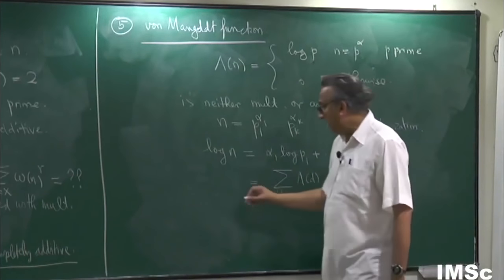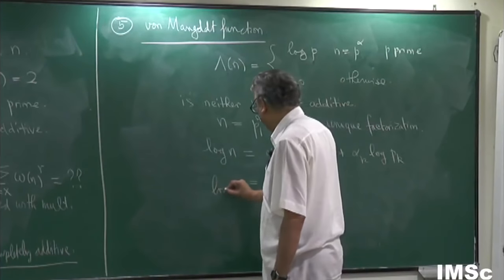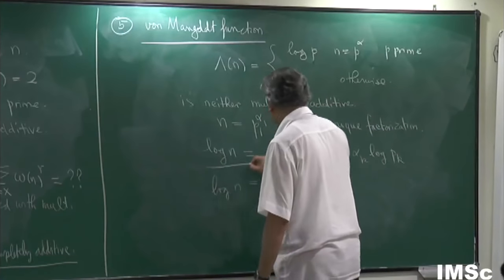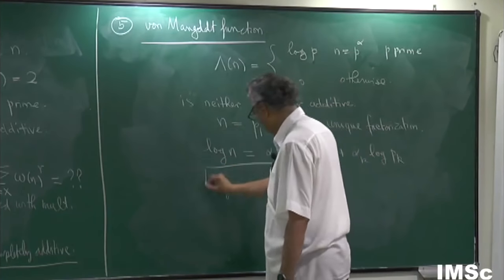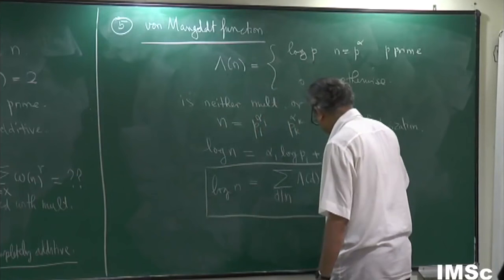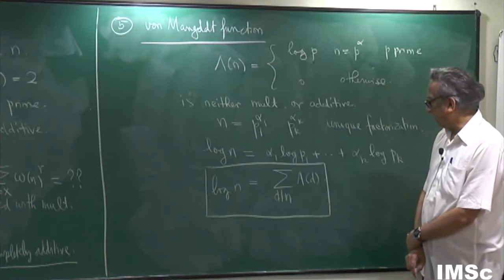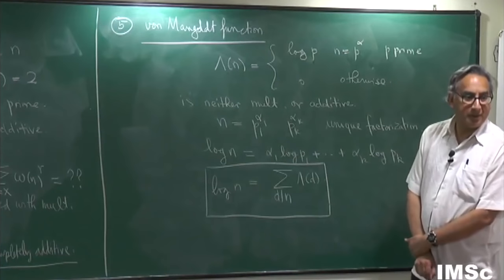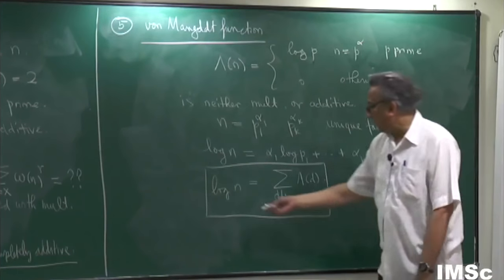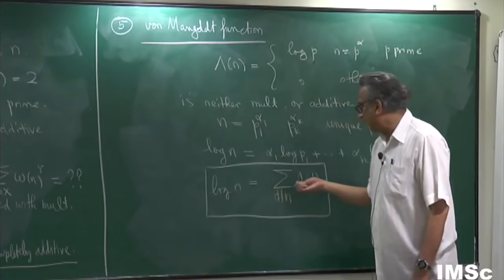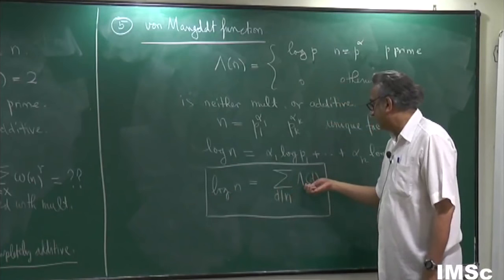So this is how it is. But writing log n in this fashion is tantamount to writing a function as a Fourier transform or something like that. So you're writing log n as a summation over d dividing n of some function.